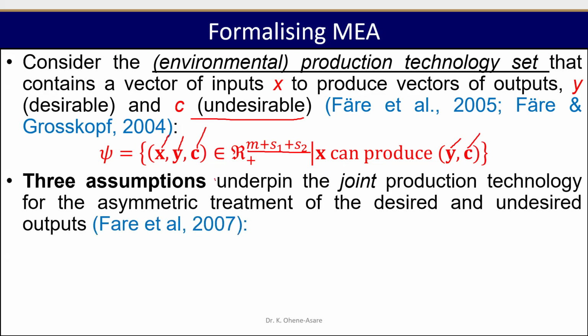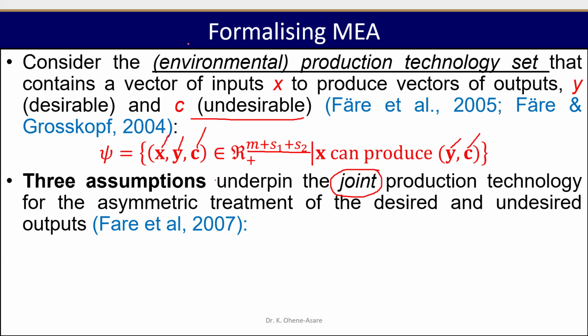Okay. Three assumptions underpin this joint production function. Now, why do we call this a joint production function? Who can guess? What is a joint here? You can unmute yourself and start. Otherwise, I'm calling you. Joint production function. What is a joint here?